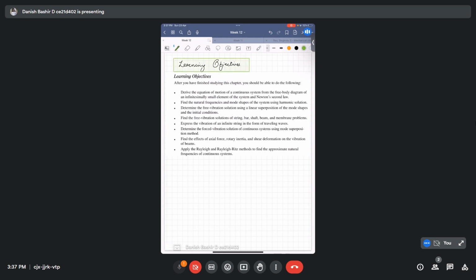The learning objectives after going through this chapter, or at the end of this live session, are that we will be able to derive the equation of motion of a continuous system from the free body diagram concept of an infinitesimal small element of the system and Newton's second law of motion.